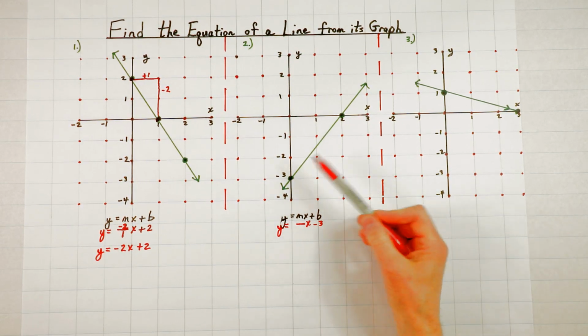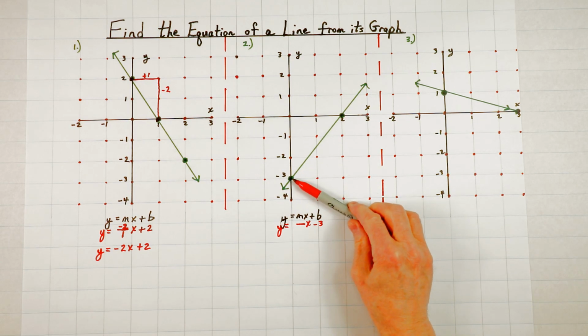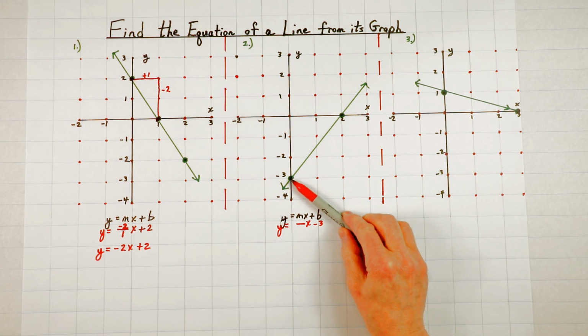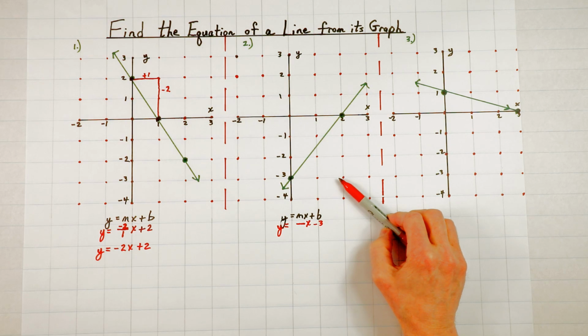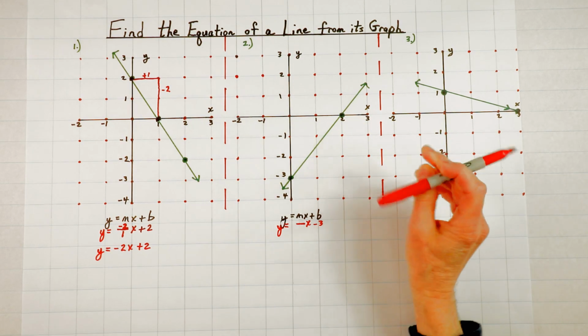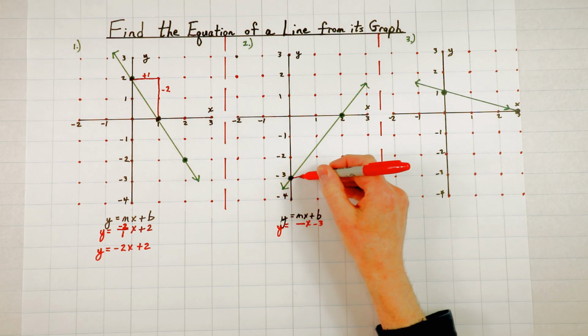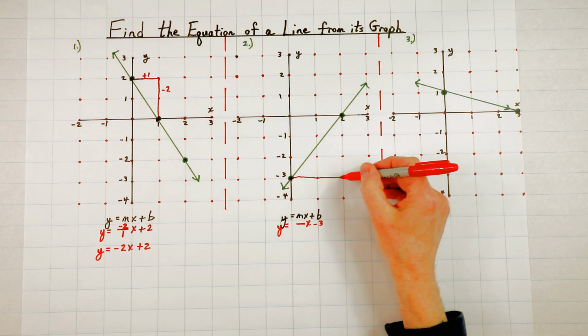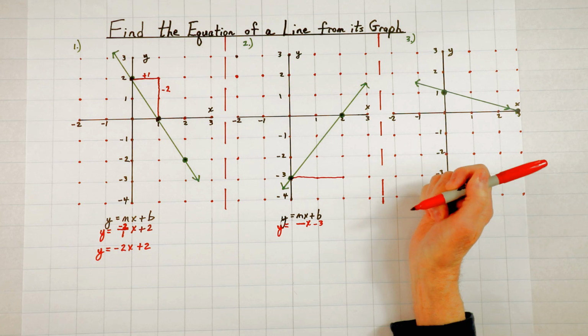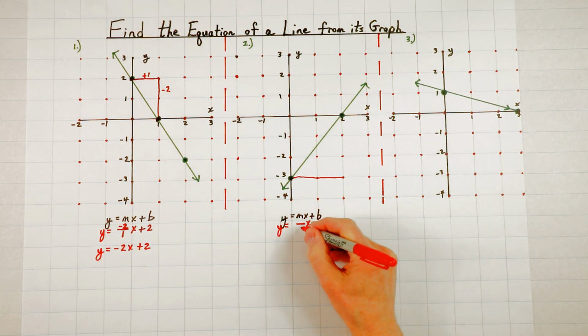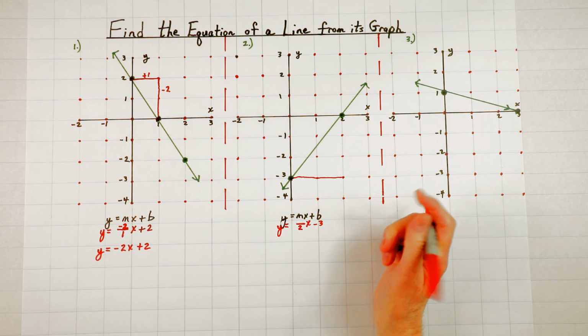Okay, so this line is going up. It's going to the right and up. So let's see. It goes over to the right 2. So my x value in the slope will be 2, the denominator.